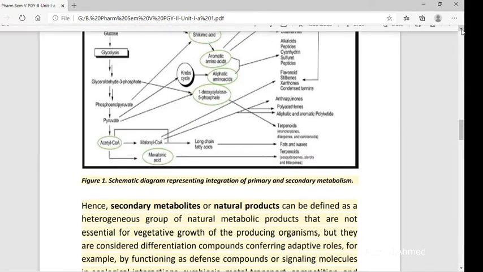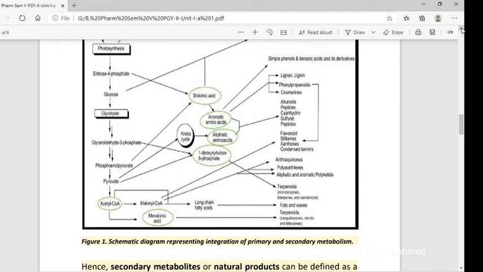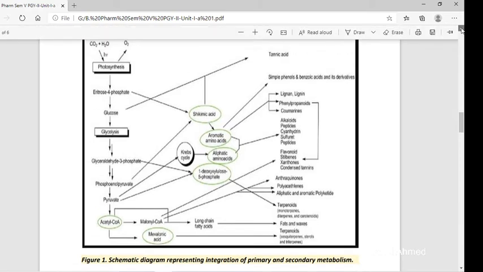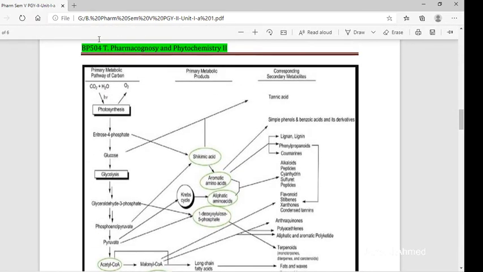See here the schematic diagram representing the integration of primary and secondary metabolites. Here is the primary metabolic pathway of carbon.